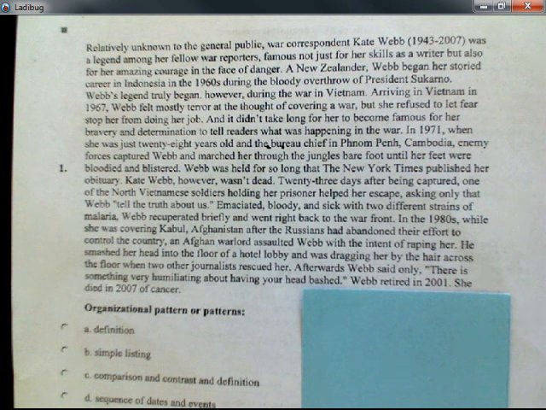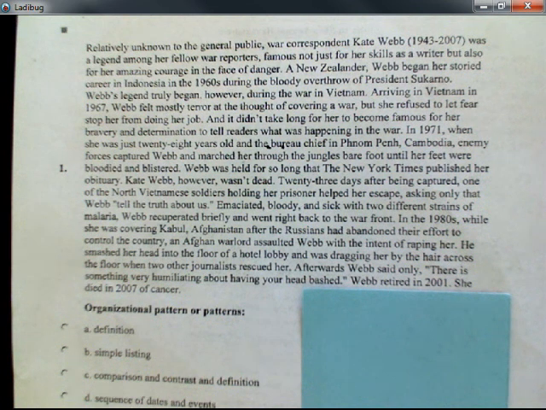It goes by dates. In the 1960s she was in Indonesia. 1967 she was in Vietnam. 1971 she was in Cambodia. A sequence of dates, and when we talk about dates, we talk about time, about an order. It is going to be chronological every time.